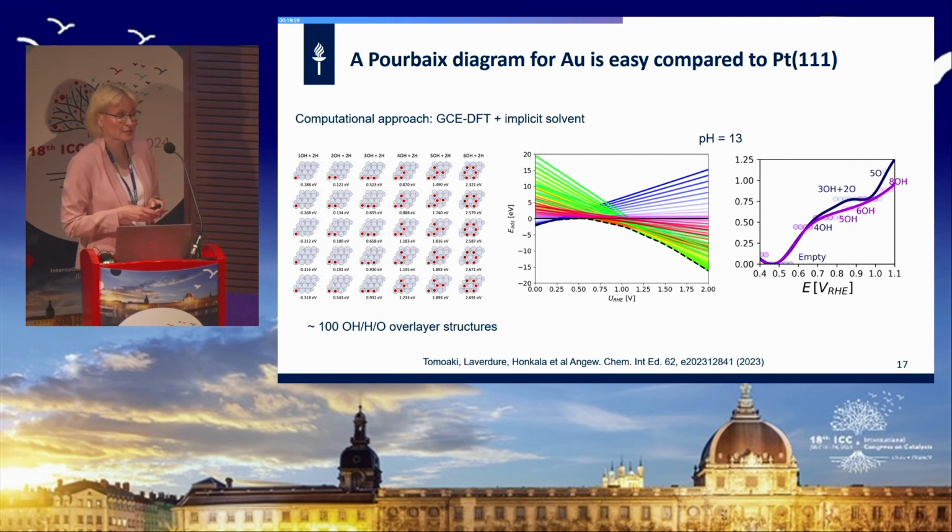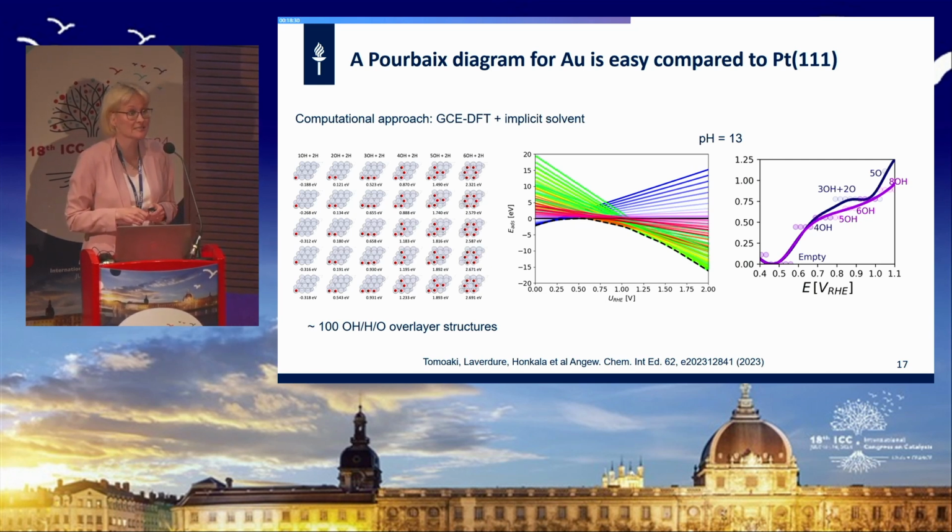Well, you learn that when you do platinum 111 surfaces. I think my postdoc Laura Laverty carried out around 100 different calculations for OH, hydrogen, and oxygen overlayer structures. And in the middle, you have a plot where each solid line corresponds to a different coverage of oxygen, hydrogen, or OH.